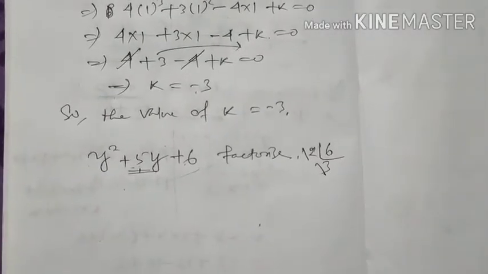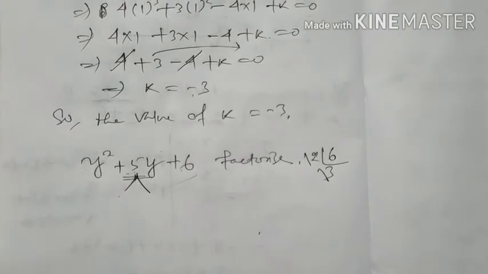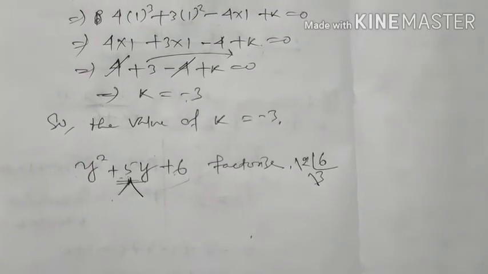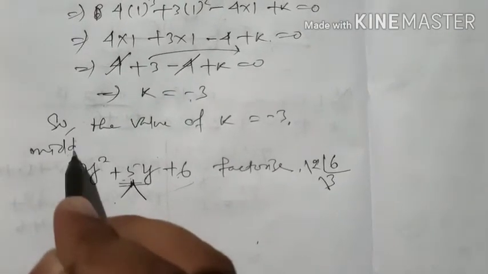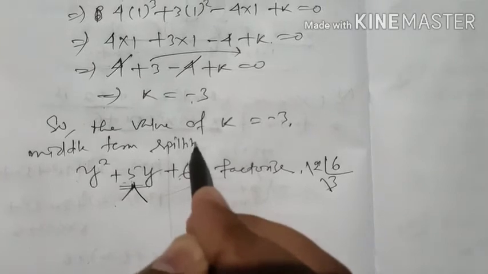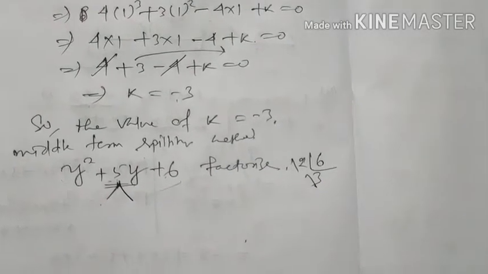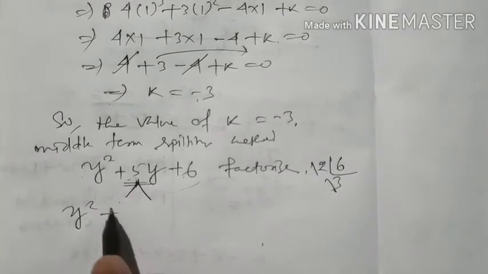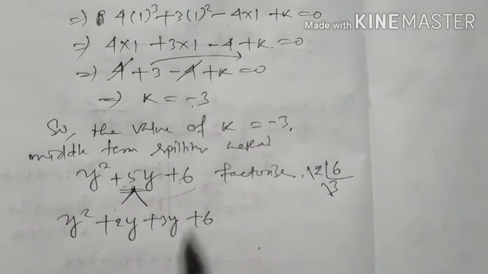So here the two numbers will be 2 and 3. So we will just split the middle term, and it is also known as the middle term splitting method. We'll just split the middle term, so that it will be y² plus 2y plus 3y plus 6.